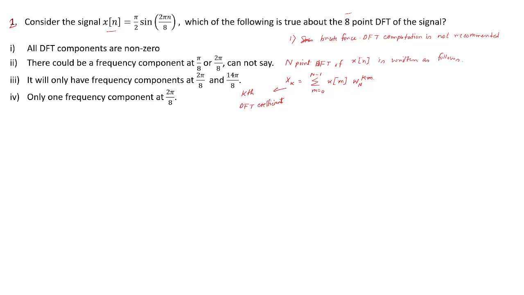Of course the phase is different. By the way, W_N is just an abbreviation of this. If I elaborate on it a little, it becomes x[m] e to the power minus j 2 pi k m over N.